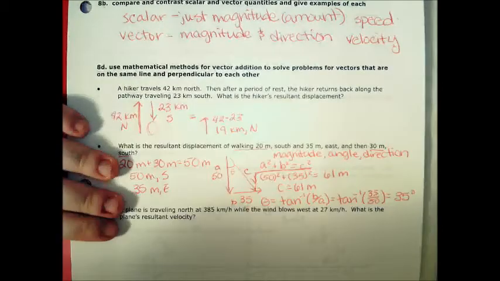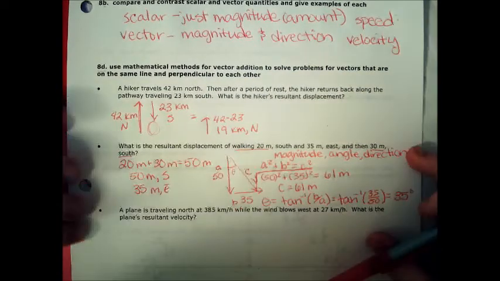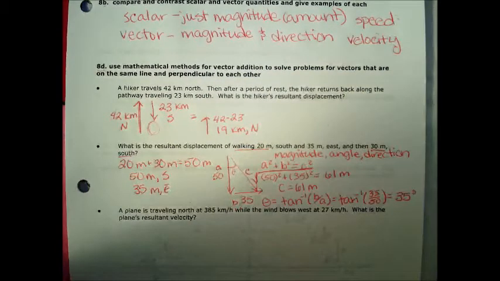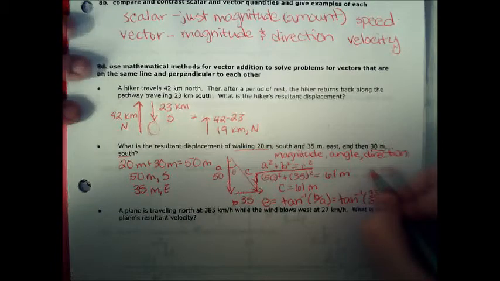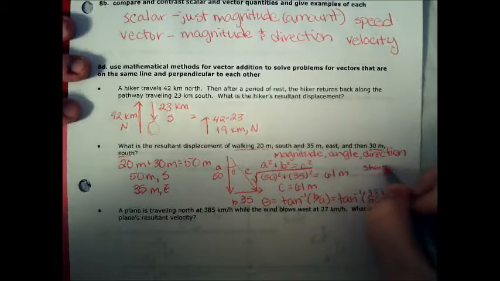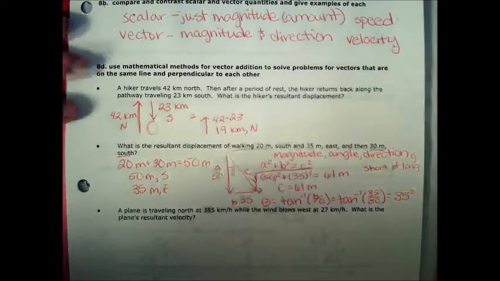I will remind you the day of the test, but your calculator must be in degrees for physics things. And then finally, the third piece, the direction, you do short of long. That's direction.